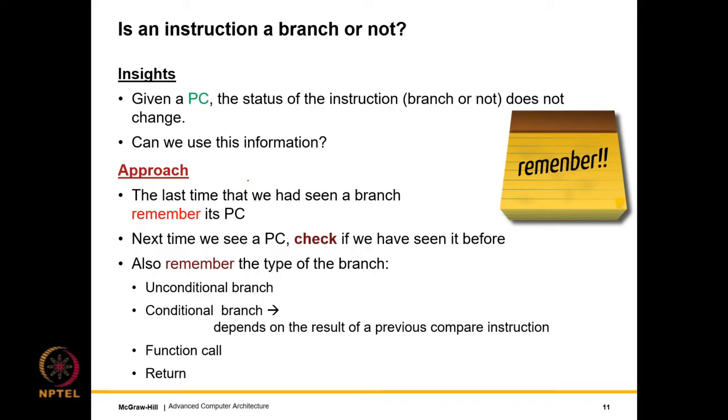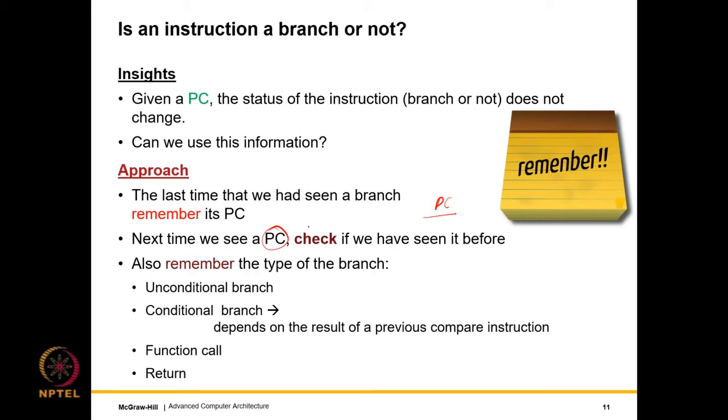Can we use this information? Well, yes. So what is the approach? The approach is that the last time we saw a branch, we remember its PC. So whenever we see a branch, we remember its program counter. The next time we see a program counter, we check to see if we have seen it before.